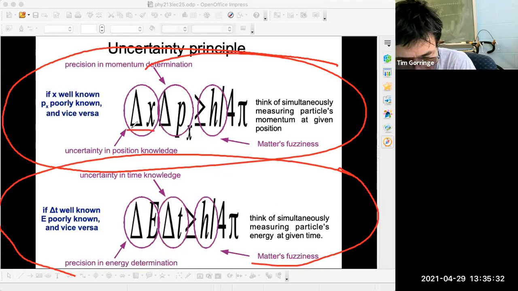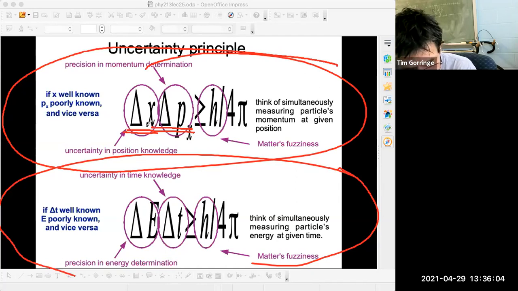There's delta X here. Delta X is uncertainty in X, uncertainty in position. It's how well you can know the position. It's a limit on how well you can know the position. Delta P here. That delta is uncertainty, uncertainty of momentum, delta P. It's how well you can know the momentum.